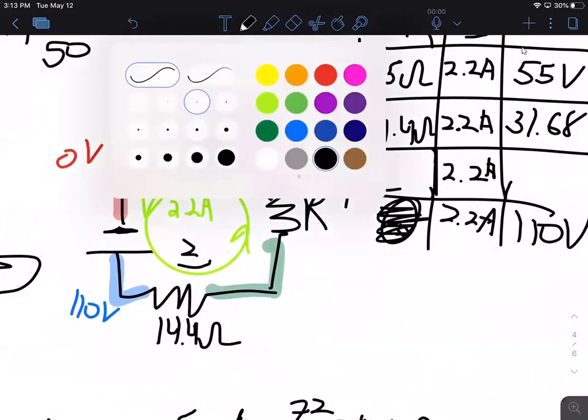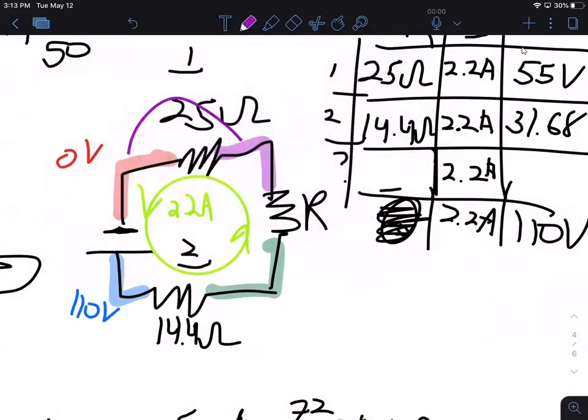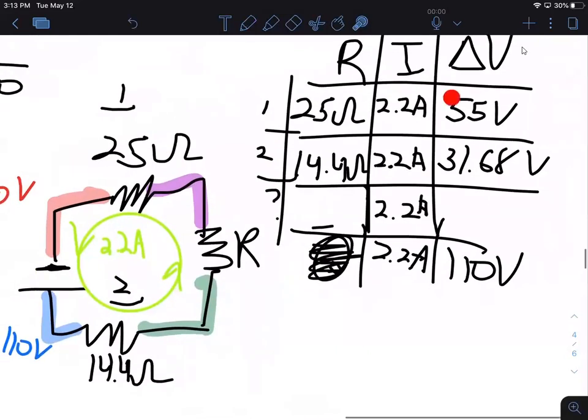So this one here is changing it from 0. Current's going this way, so it had to take away 55 if I ended up with 0 on the other side. All right, this one had 110. It took away 31.68 from that. That's some atrocious math there.